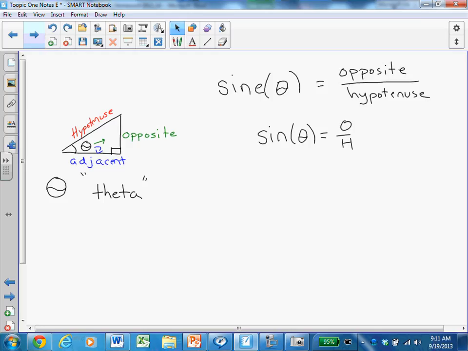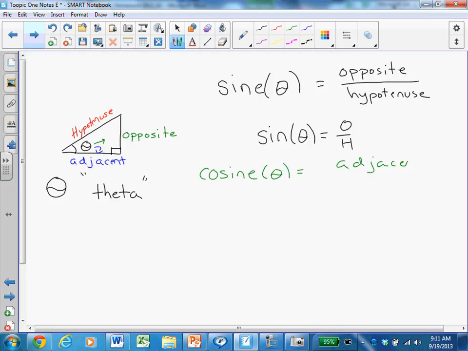And then the other one's called cosine theta, adjacent over hypotenuse, right? What it means is the ratio of the opposite over hypotenuse. So you would say to your calculator, what is the sine of 30 degrees?